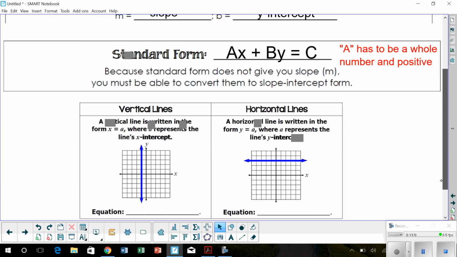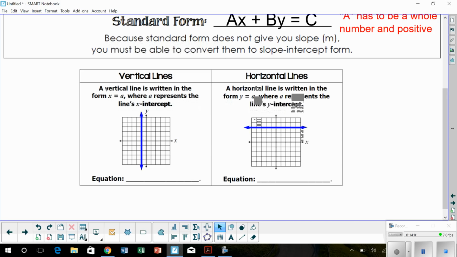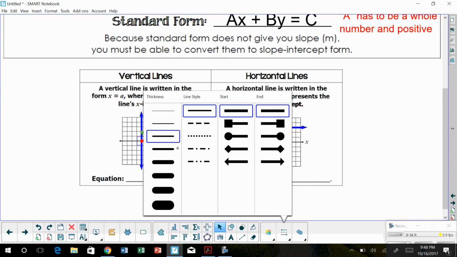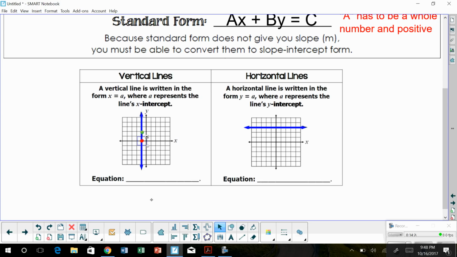We come down here, vertical lines. A vertical line is written in the form x equals a, where a represents the line's x-intercept. So this right here is the x-intercept. And if that's the x-intercept, x is going to equal -1.